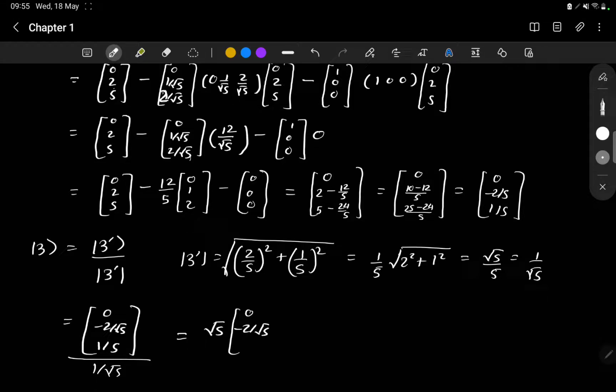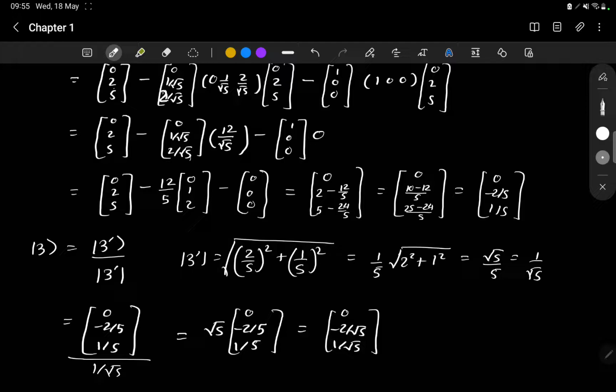Sorry, this is not root 5, this is just 5. So what do we get? We get this, which is the final third vector.